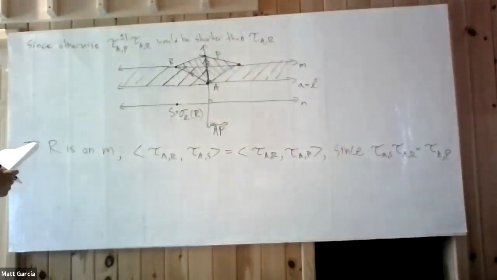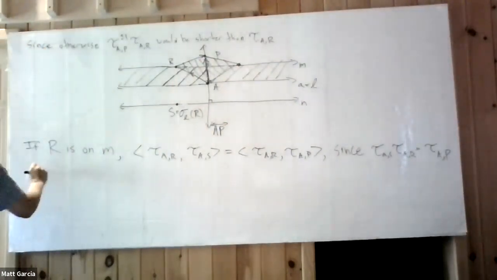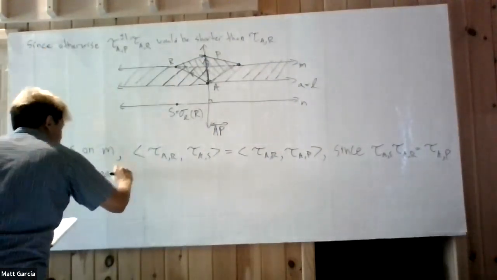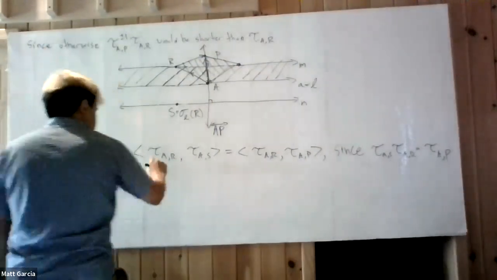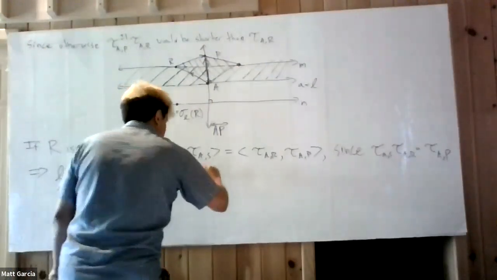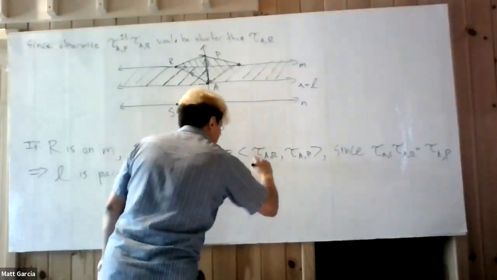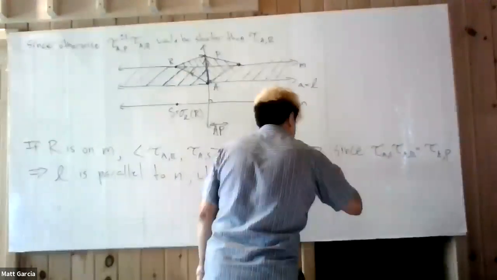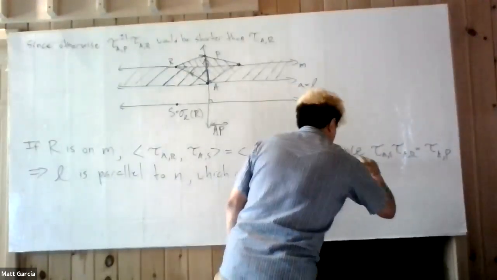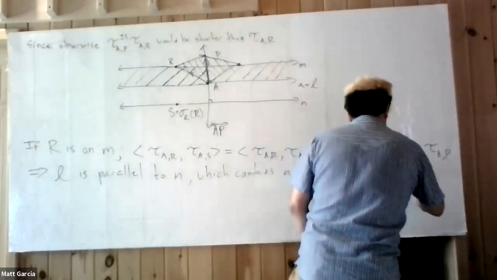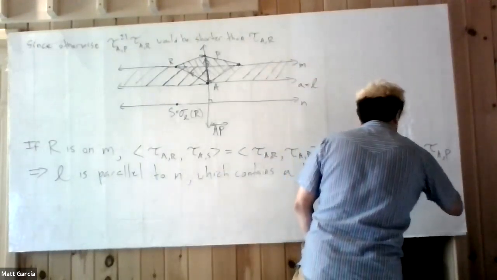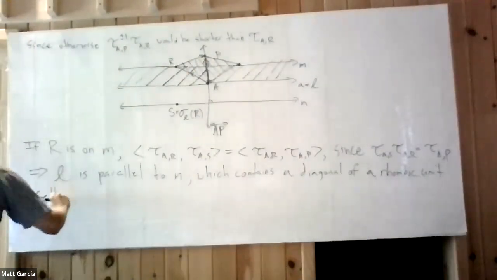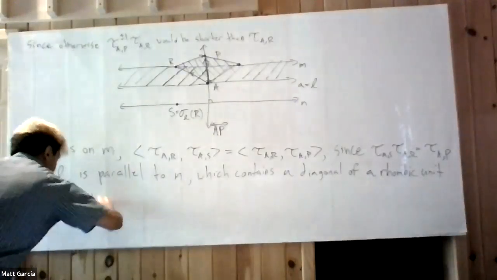So this implies that L is parallel to M, which contains a diagonal of a rhombic unit cell, or W, script W.